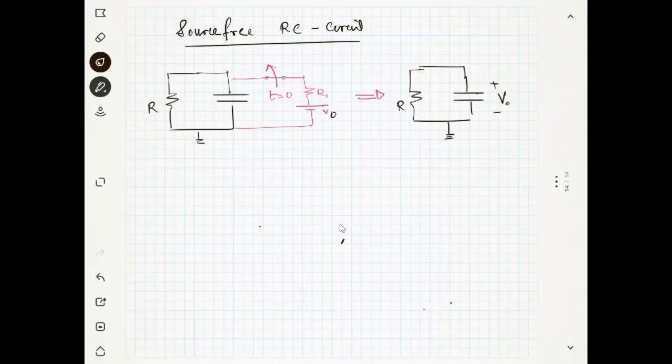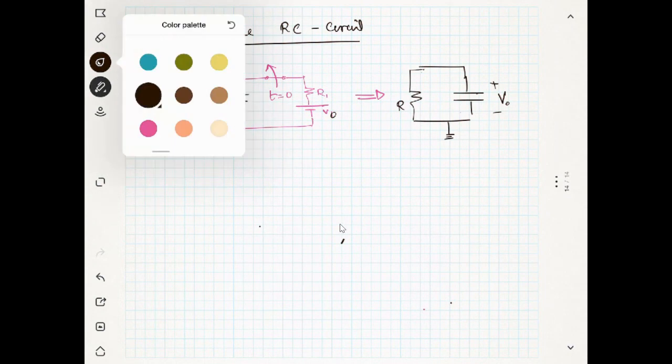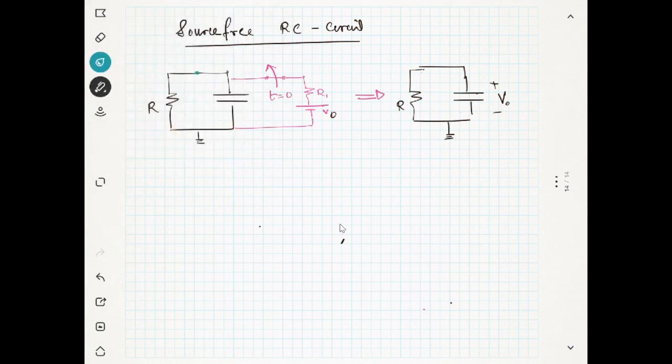Yes, V0. Now I will write the Kirchhoff current law here. Doctor, why do you use R1? Because I need to limit the current. I can use the voltage source only with protection for the voltage source. If I do not limit my current and you connect a capacitor directly to the battery, then there is a problem.